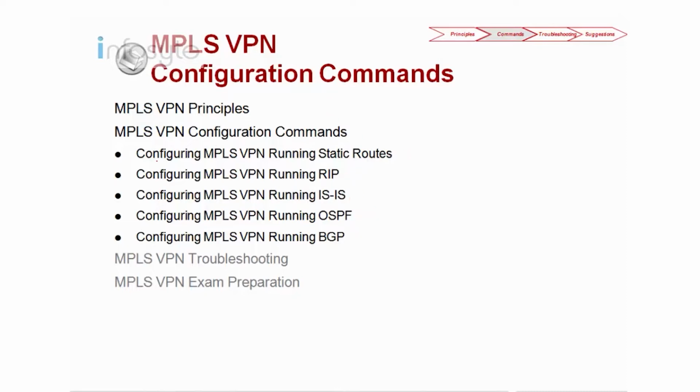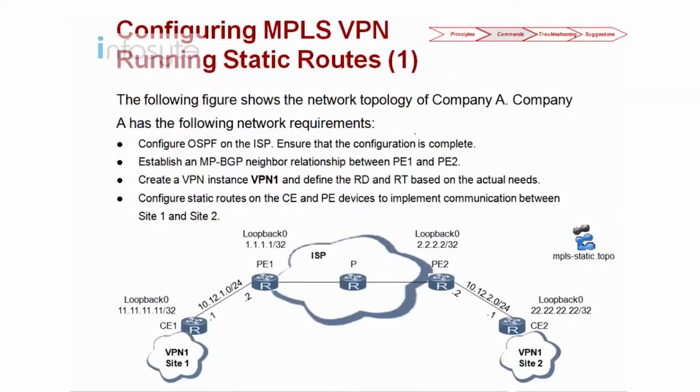Right now we're going to perform the configuration of MPLS VPN running on the static route. In this case we have a figure showing the network topology of company A. Company A has the following network requirement. We configure the OSPF of the ISP. Ensure that the configuration is complete and establish an MP-BGP peer relationship between PE1 and PE2.